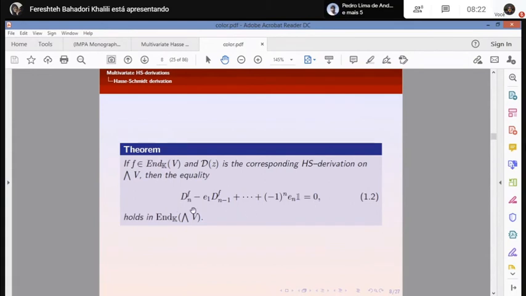The theorem is somehow the generalization of this one in the univariate case.